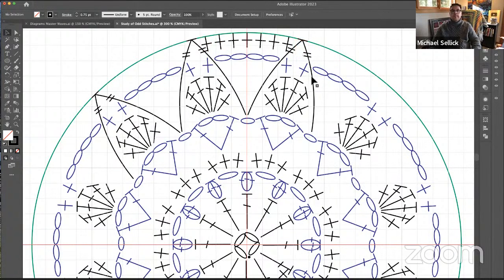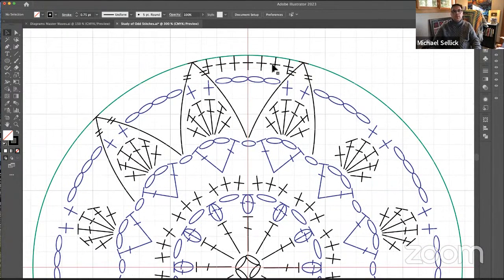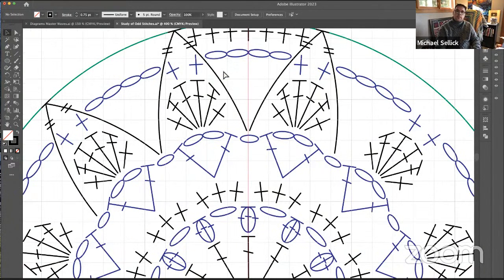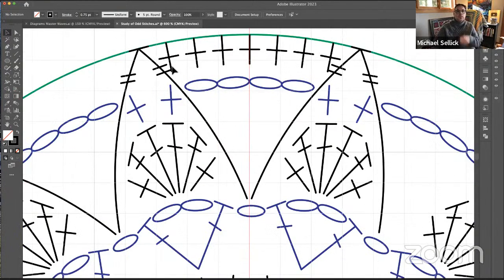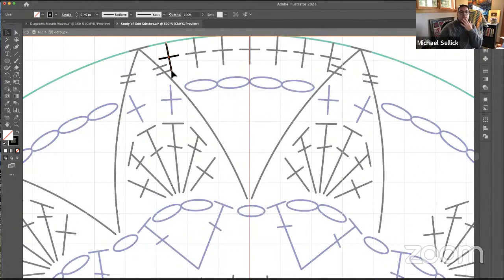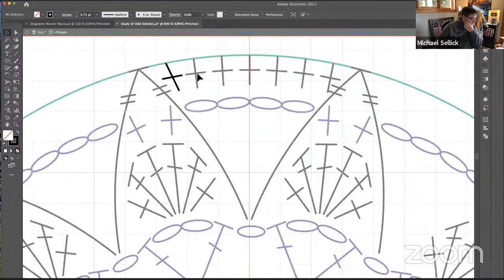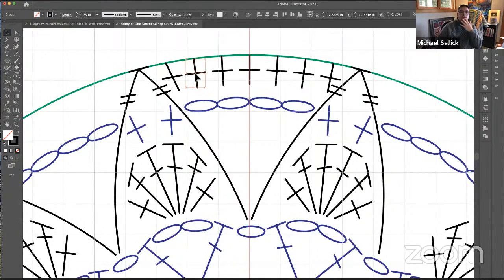So that one's gone. So 1, 2, 3, 4, 5. So there's 7. So the only problem is I need to rotate this so it's not touching. And I can move that one too, just slightly.